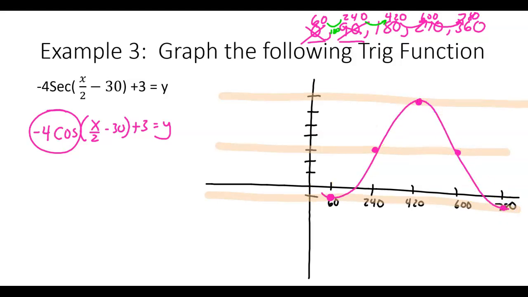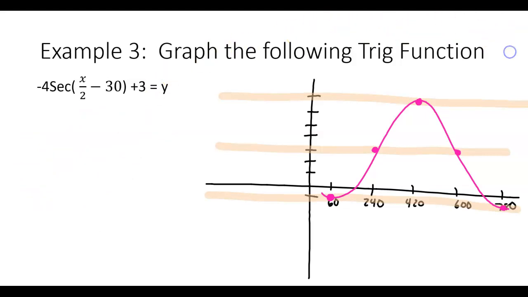Now, that's the end of cosine, but remember, we're not graphing cosine. We're actually supposed to be graphing secant. So after you graph the cosine, you're going to put in your vertical asymptotes. We would have a vertical asymptote anywhere the cosine touches the midline. So I'm going to draw a vertical asymptote here, and in here.